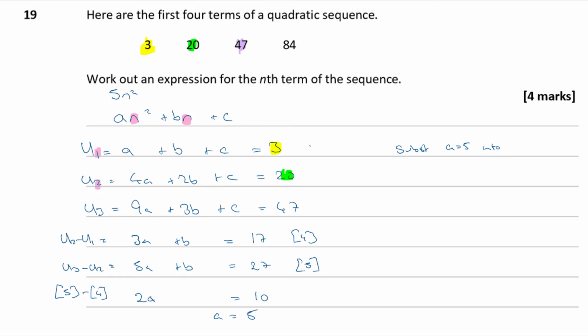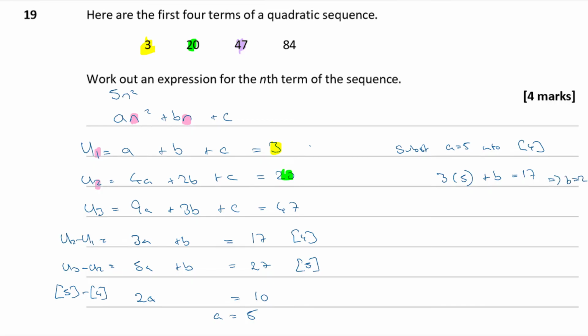I'm going to go with equation 4. So substituting a is 5 into equation 4, 3 lots of 5, plus b, is equal to 17. Well, 3 lots of 5 is 15, so 15 plus b is 17. That means b is 2.